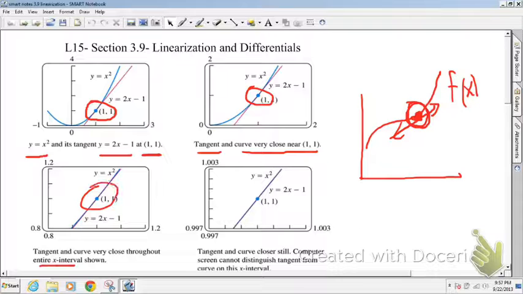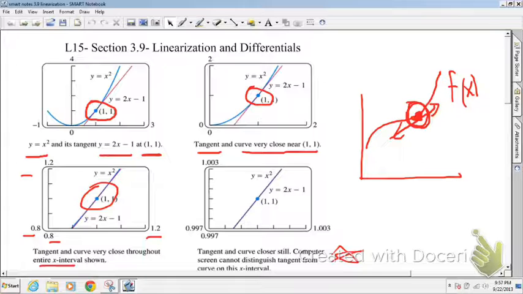So basically you keep hitting zoom in, and you're on such a tiny interval, and you can see the values here. You're on such a small scope that you can barely distinguish. The computer screen cannot distinguish the tangent line from the curve on that particular interval.